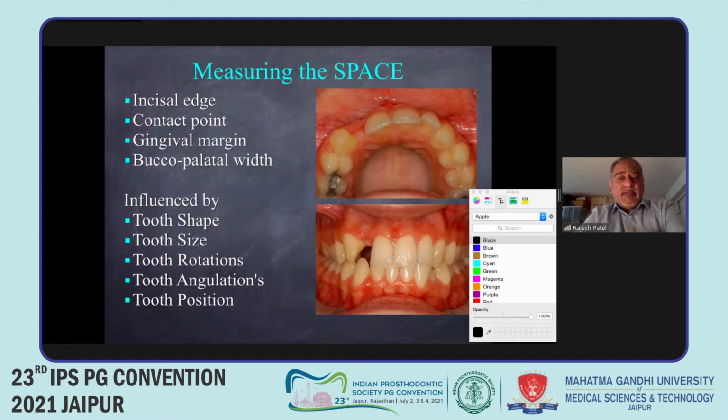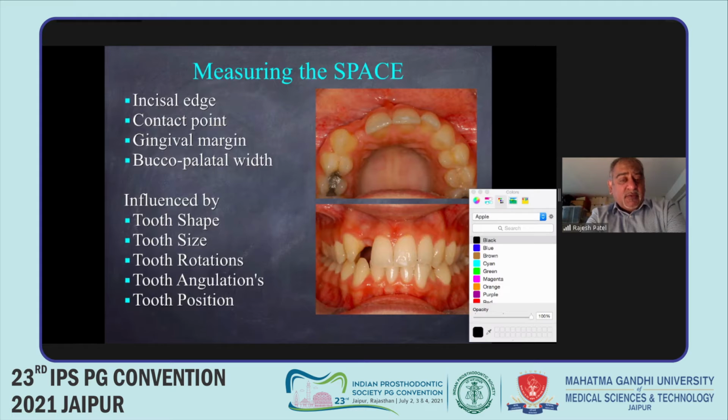So measuring the space itself, if you look at the missing lateral incisor and you look at the actual lateral incisor that's present, it's slightly buccally positioned, and you've got an asymmetric arch, and the posterior segment on the right-hand side seems to have shifted forwards, and you have an odd quadrilateral space.